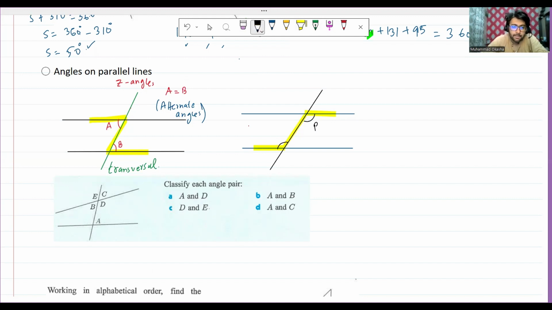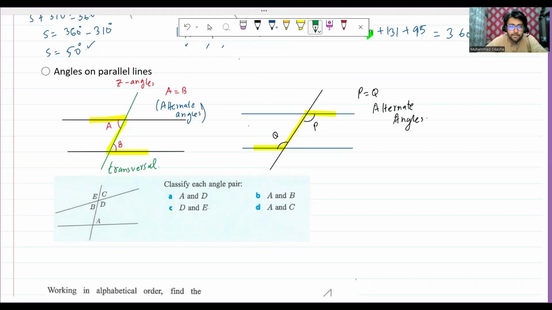Let's call it angle P and angle Q. Angle P is equal to Q because they are Z angles, or the proper name for them would be alternate angles.